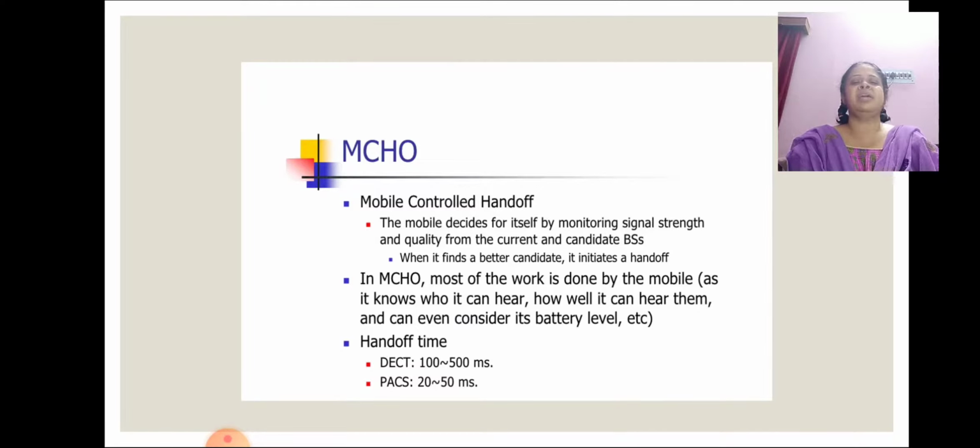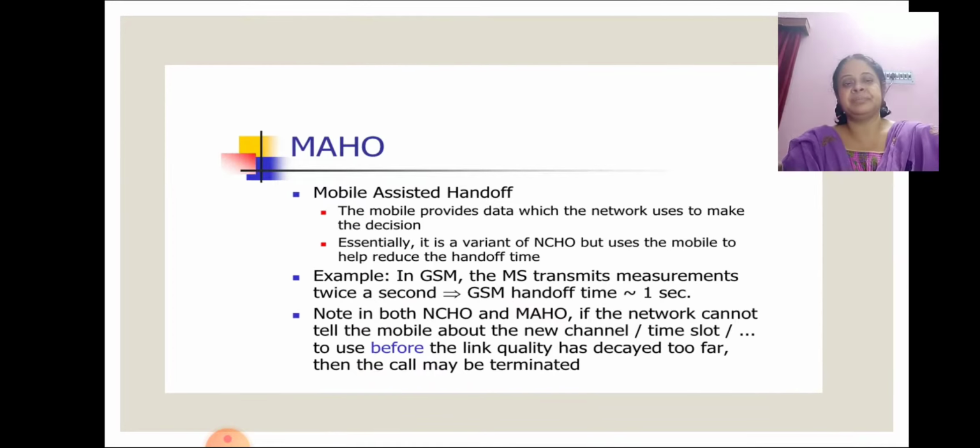In MCHO, most of the work is done by the mobile, as it knows who it can hear, how well it can hear them, and can even consider its battery level, etc. What is the handoff time? DECT 100 to 500 milliseconds, PACS 20 to 500 milliseconds.